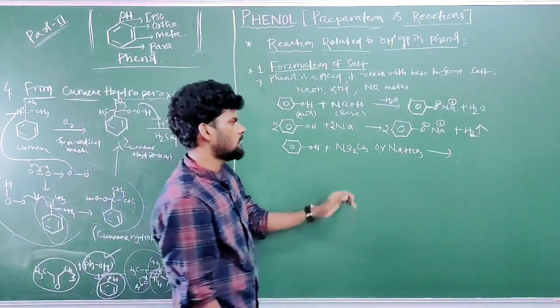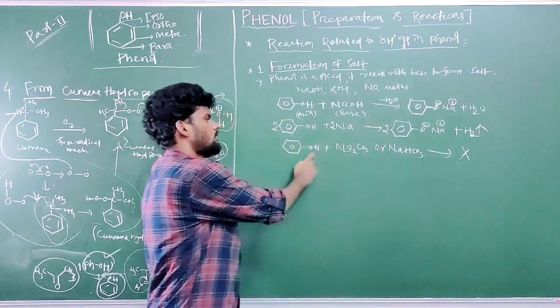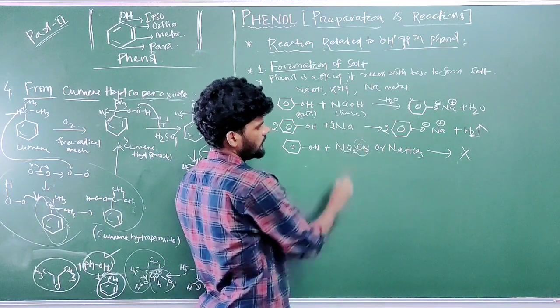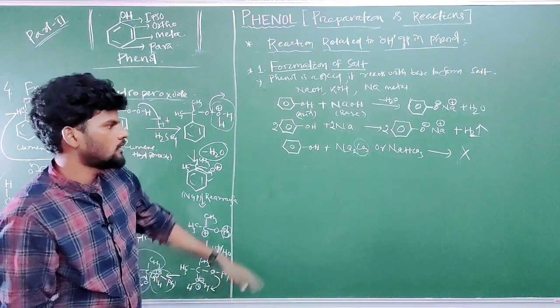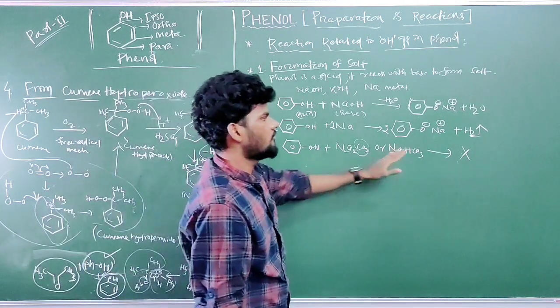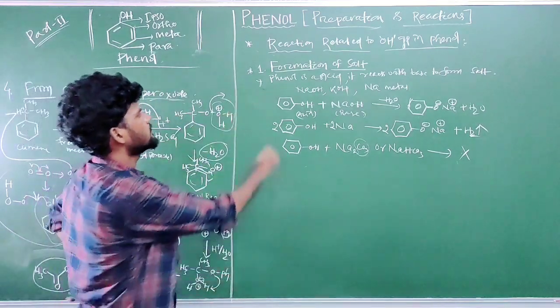It will not give the salt. Why? Because these compounds contain the carbonate ion, and phenol is less acidic than carboxylic acid, so it will not form the salt. So this is the first reaction, the formation of salt.